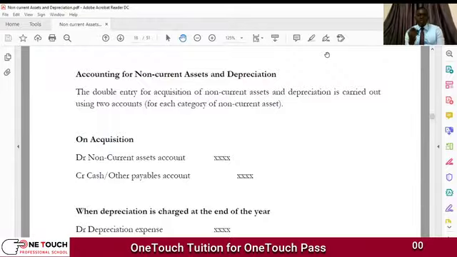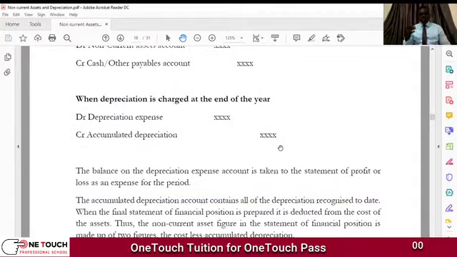So we debit the non-current asset account, then we credit cash or the payable account. If you don't pay for the asset, then it goes to the payable account.